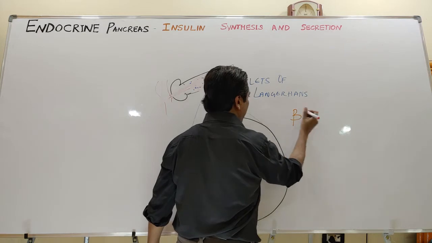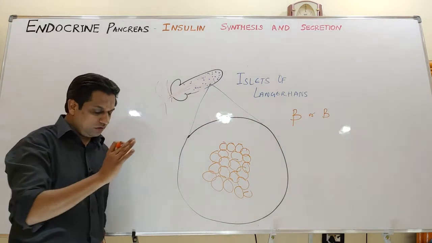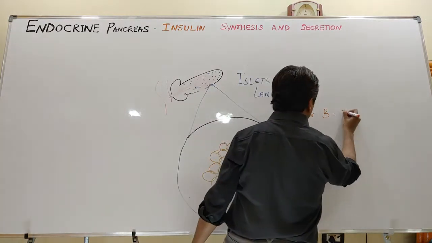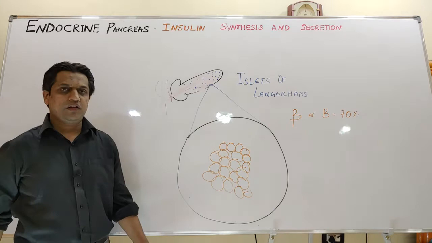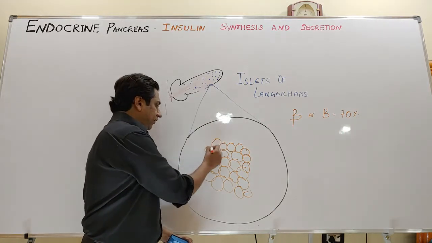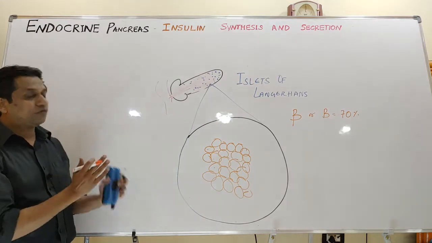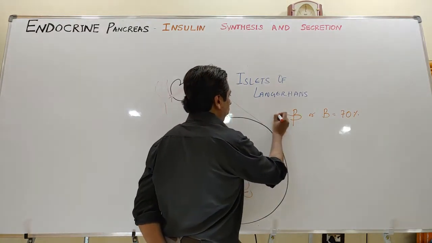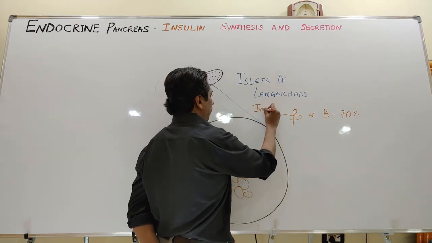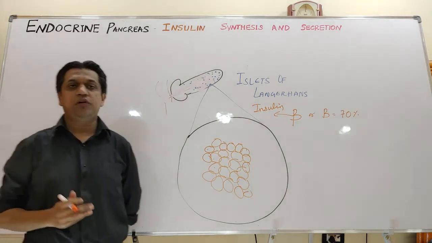These are known as beta cells, or simply B cells. These beta cells, situated in the center, secrete a very important hormone, insulin. Today we are going to study this hormone insulin in detail.